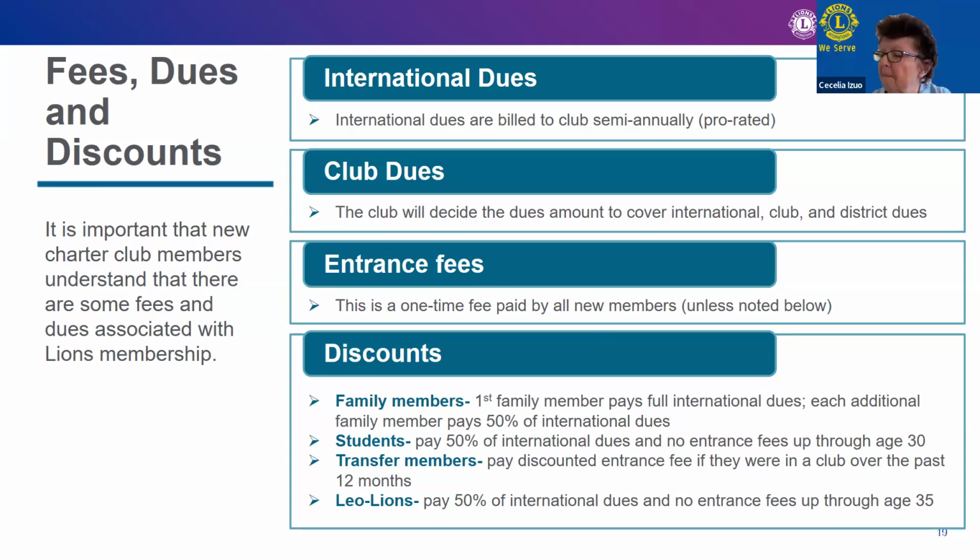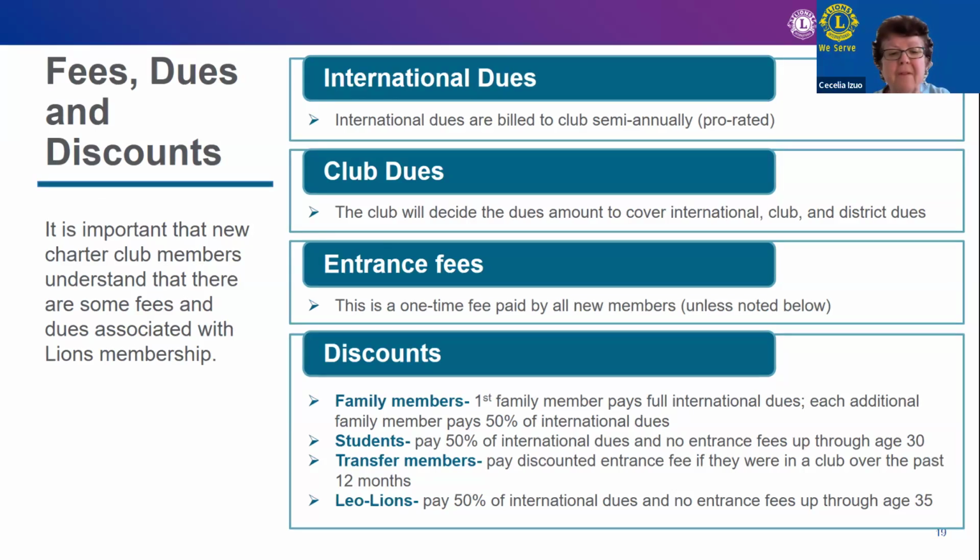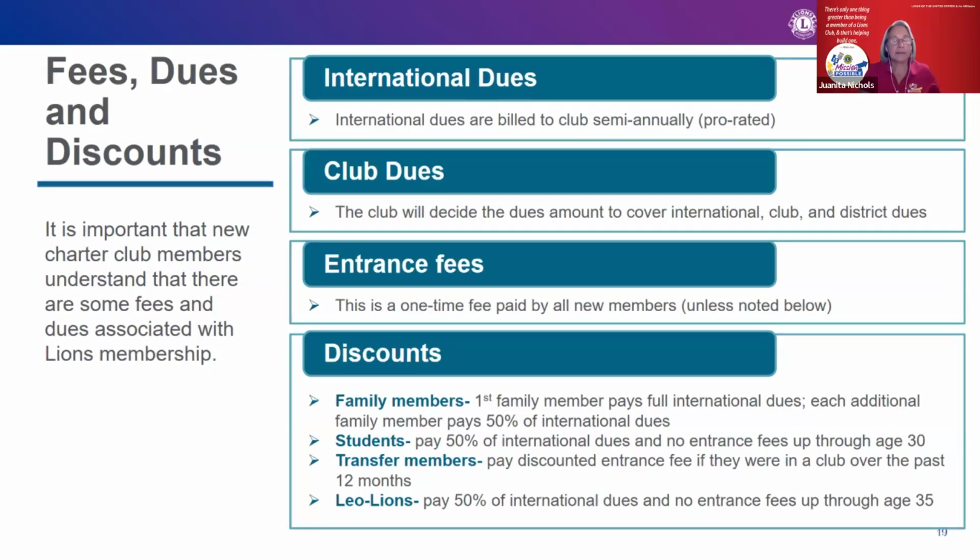Norm: My understanding about family memberships is that it affects the number of delegates, not who can vote. The number of delegates in your club. You're correct, yes. So if I belong to a family membership, I can still vote? No, you have to pay the full amount now.